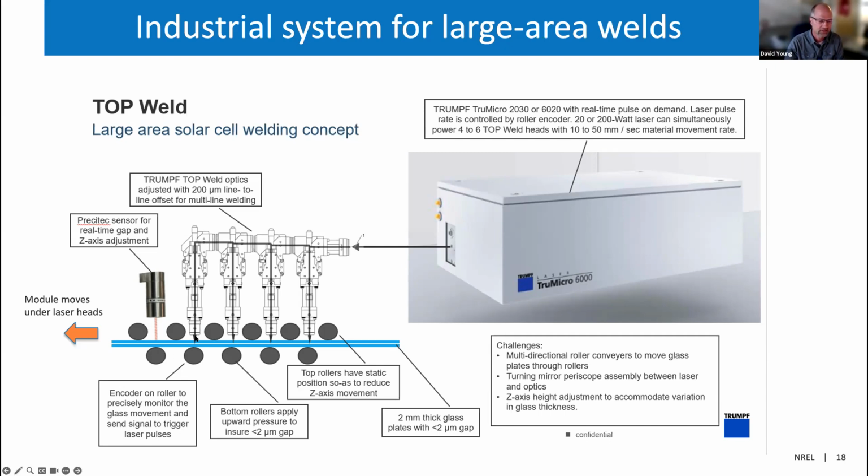And then the lasers are in parallel with each other, and they're doing simultaneous lines as they move around the cells or in between the cells. So they were designing around a couple of their lasers that they already have in stock, and they were showing up to 5 centimeters a second of linear speed of the weld.